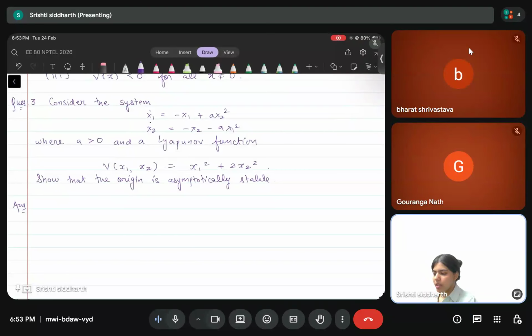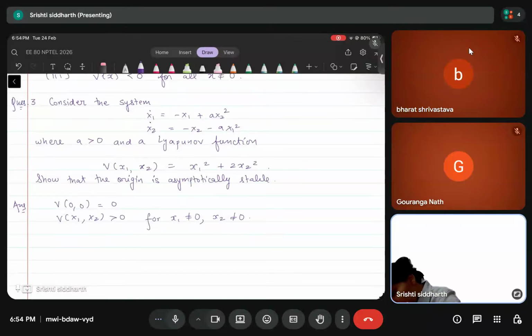So first let's see if the first condition is satisfied, which is positive definiteness of V. So V at 0, 0 is 0, and V at any x1, x2 is always positive, because it's squared of x1 and x2, right? For x1 non-zero, x2 non-zero. Therefore, V(x1, x2) is positive definite.